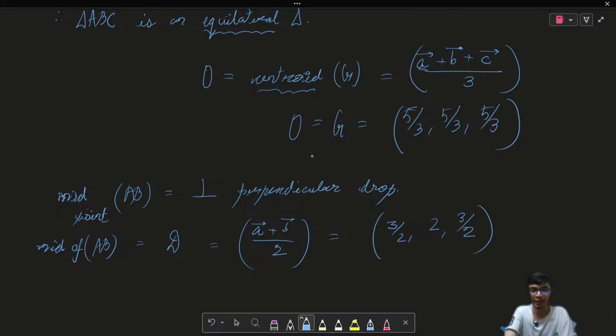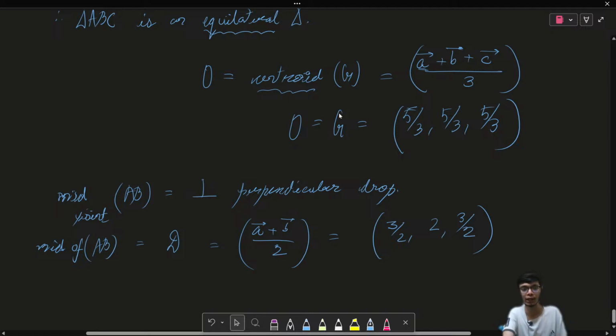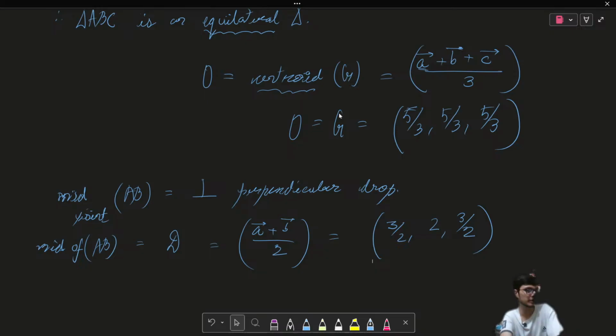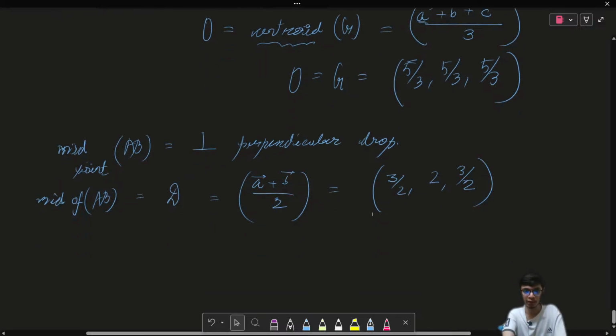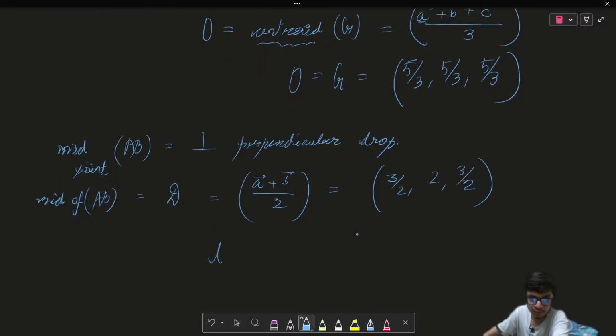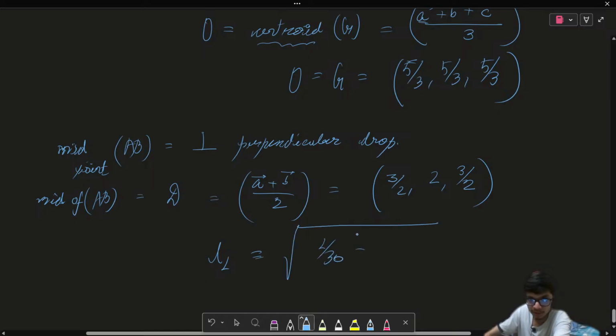Now, instead of finding L1, L2 and L3 separately, since this is an equilateral triangle, all these lengths are going to be the same. So if I just find L1, it is equal to the square root of 1/36 plus 1/9 plus 1/36, taken from these results.